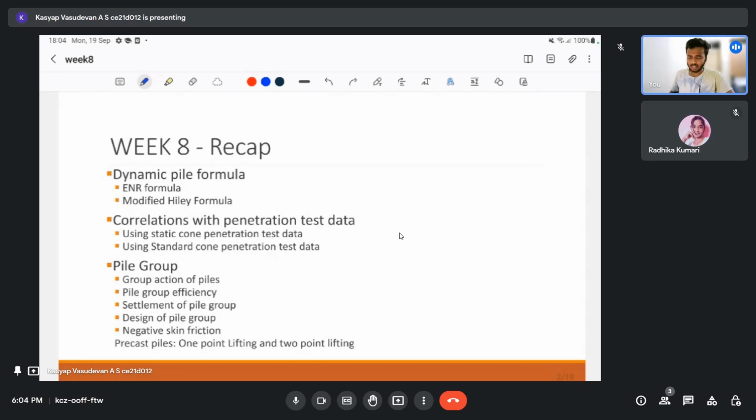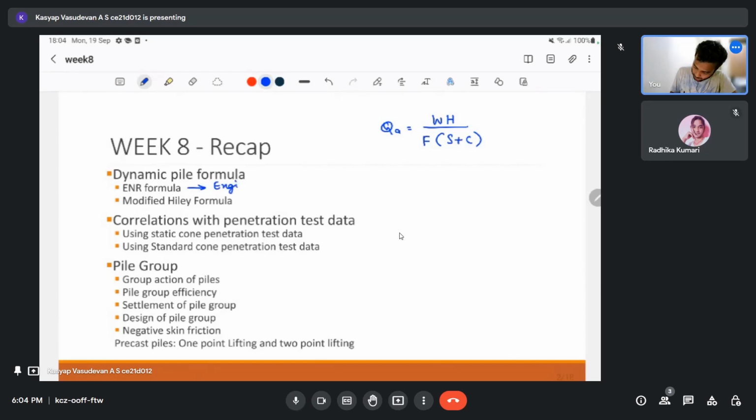There are basically two popular formulas used for that. One is the Engineering News Record formula. That is the first one, and it can be written as Q_a = WH / (F(S + C)).